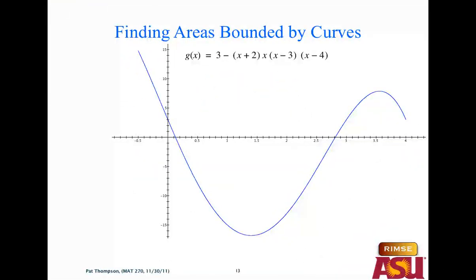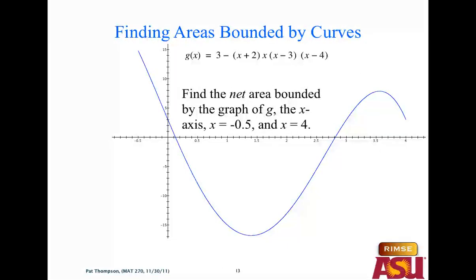Okay, so here's this function, g of x equals (3 minus x) plus 2 times (x minus 3). And we're interested in what's happening from negative 0.5 to 4. And there's this thing called the net area. So before we actually dive into this, let's ask the question.